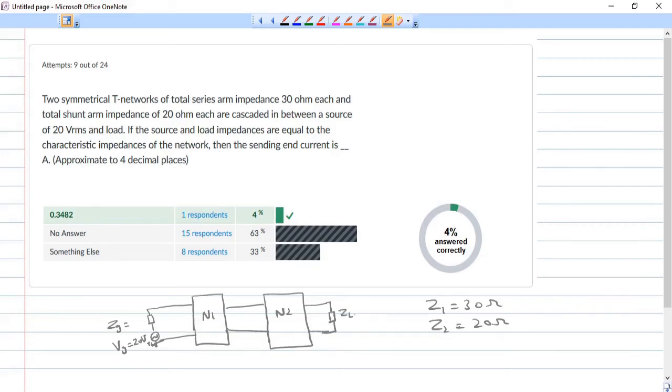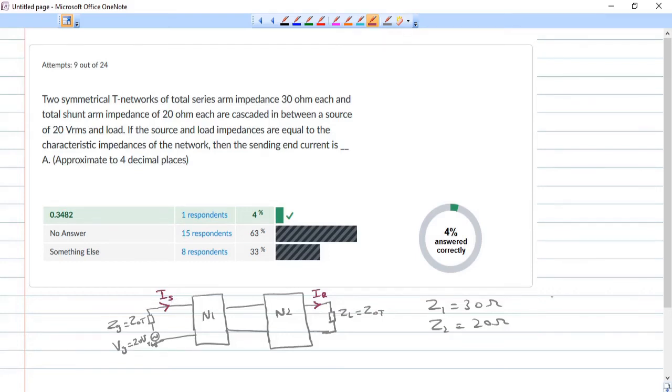So we have ZL. Now the source and load impedances are equal to the characteristic impedance of the network, so ZL is equal to Z0T and Zg is also equal to Z0T. Then we are asked what is the sending end current. At the receiving end we have the receiving end current IR, and at the sending end we have the sending end current Is. So we are asked what is Is.